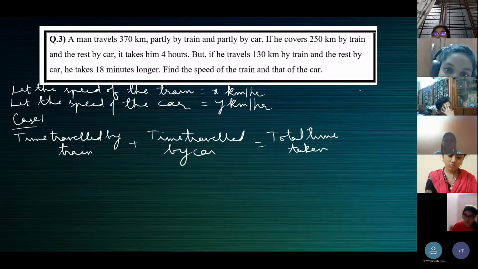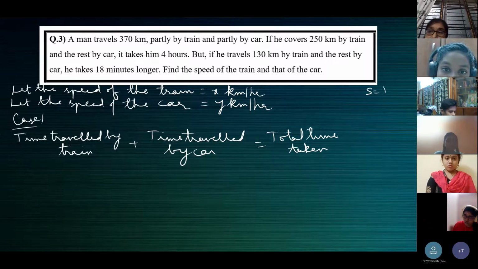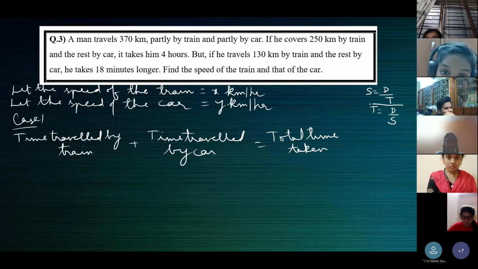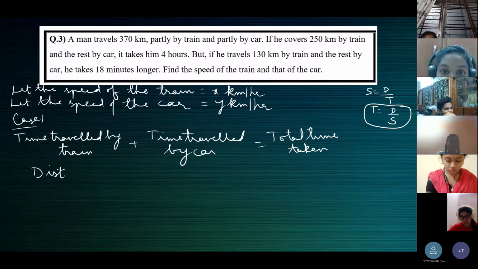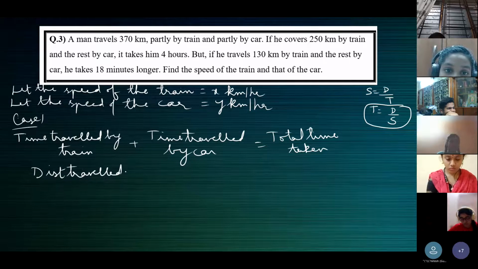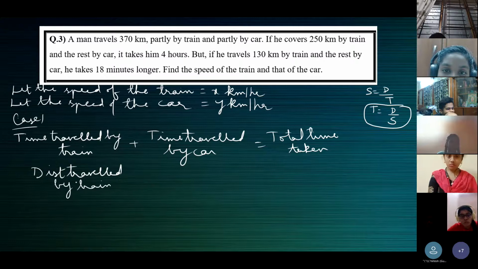Now, how do we find time? We know this formula very well: speed is equal to distance by time. And so to find time, it is distance by speed. Time is equal to distance by speed. So time traveled by train is distance traveled by train divided by the speed of the train.